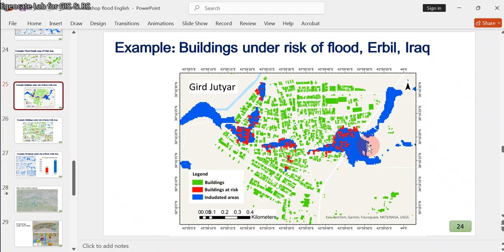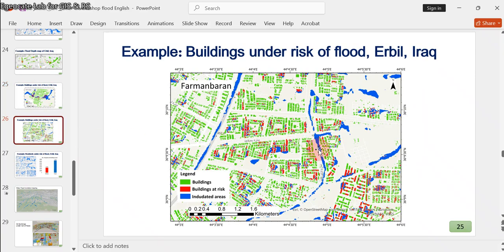So this could also be used as an early warning system that urban planners and decision makers can use this map to go to this place and find the problem and also propose the solution before the rainfall season. Also, this is another example of the buildings at risk of the flood, Erbil City.